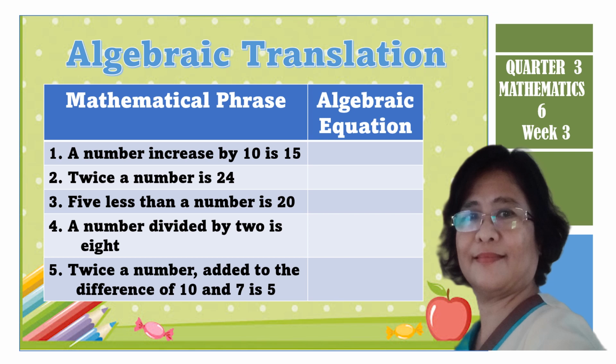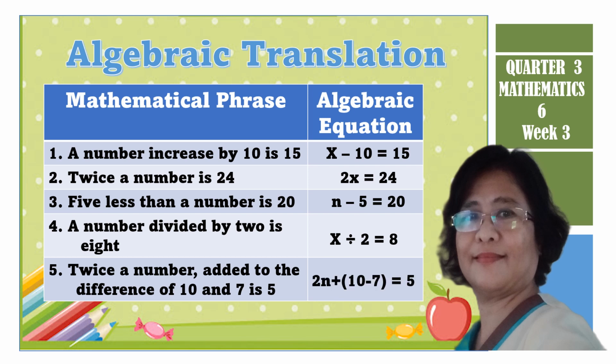Time is up. Let us now reveal the answer. Number 1, the correct answer is x minus 10 equals 15. Number 2, 2x equals 24. Number 3, n minus 5 equals 20. Number 4, x divided by 2 equals 8. And the last number, 2n plus 10 minus 7 equals 5. Did you get 5 points? Very good! Congratulations!